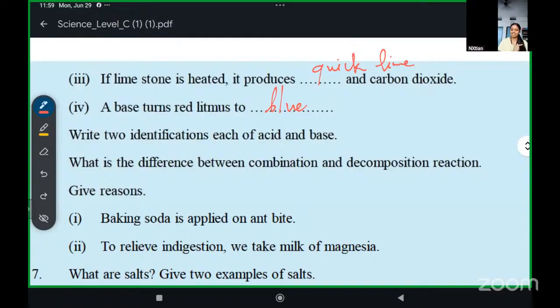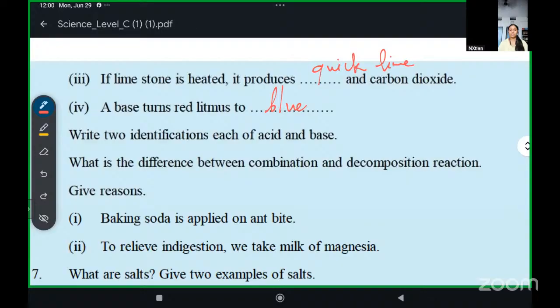But mostly acids are reactive with metals. One more property you can write according to this lesson is that an acid turns blue litmus to red. That is one more property of acid you can write.